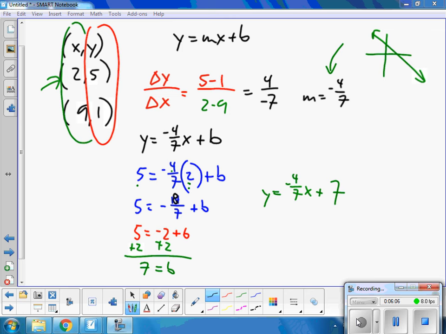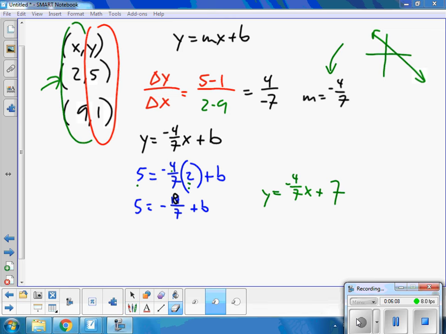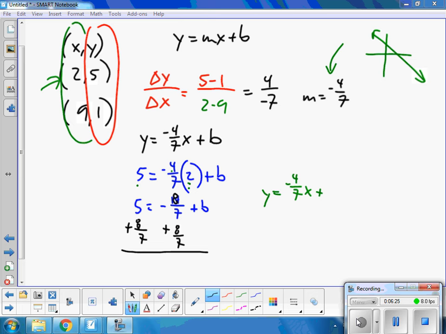Okay, and that means that this all changes and my equation changes, my y-intercept does. So 8/7, which is 1 and 1/7, but I need to add that to both sides. Plus 8/7, plus 8/7. And some people might ask, how do I know what to do? What I did here is I look at what's happening, so it's being subtracted, so I'm doing the opposite, which is adding, and I'm grabbing the whole amount.